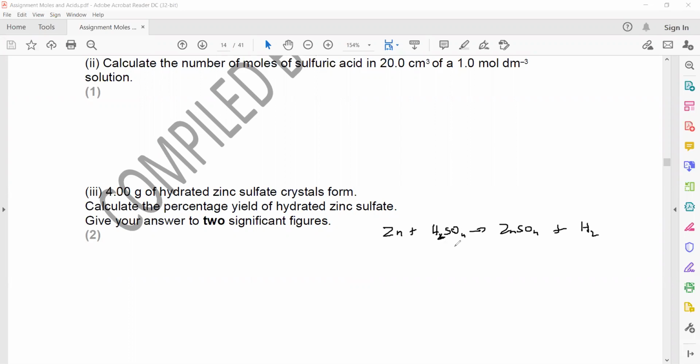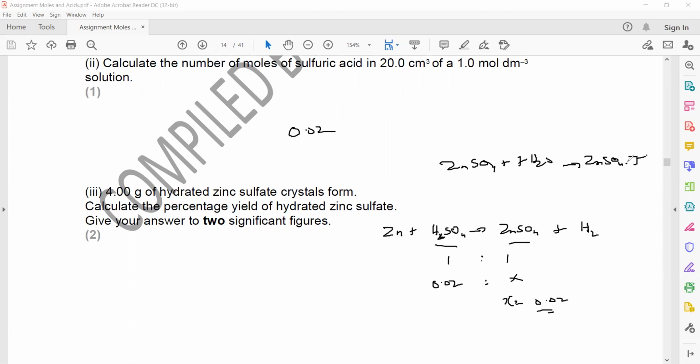The mole ratio between zinc sulfate and sulfuric acid is 1 to 1. So same number as the previous answer, 0.02. If we have 0.02, we'll get the same number of zinc sulfate, and hydrated zinc sulfate will have the same ratio, as zinc sulfate plus 7H2O gives ZnSO4.7H2O. So the ratio between hydrated and anhydrous zinc sulfate is the same, and we'll get the same moles for hydrated zinc sulfate.